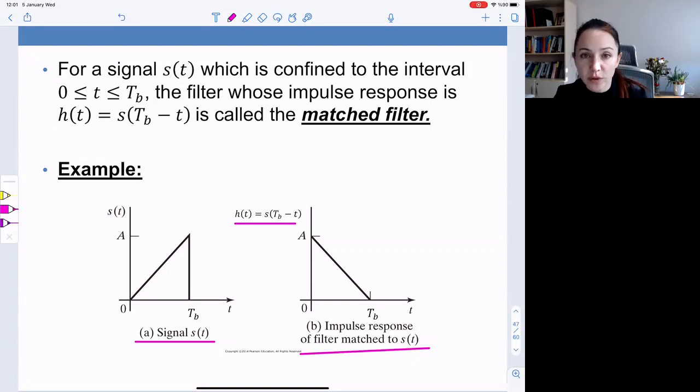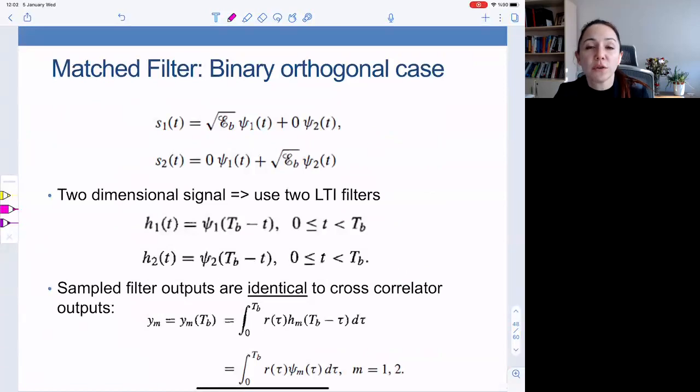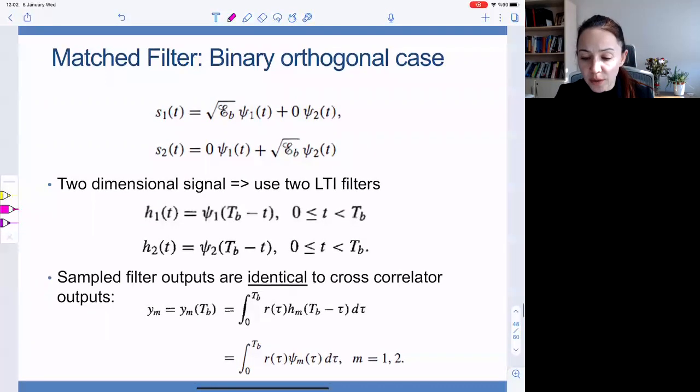I will post some reading material if you would like to read this generalized proof. In this class, I will just give you the SNR maximization proof. Before we go on to the proof of why the matched filter maximizes the output SNR, let's first consider the orthogonal case as well.